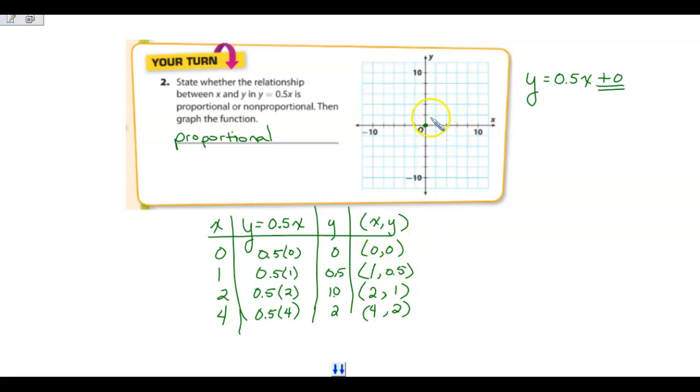So I have 1 and half, 2 and 1, and 4 and 2. It's really hard to do that 1/2. And if I were to continue, I would find that I have a straight line. So this is a linear function.